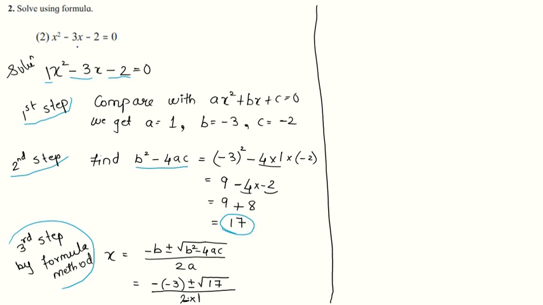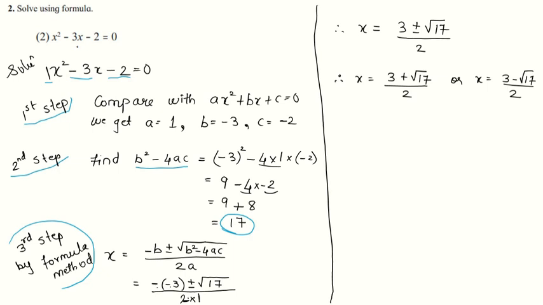So to make it easy, we will solve it on the same page as we have substituted the values. Therefore, on solving it, we get x is equal to, this minus into minus will become plus. Therefore, it will be plus 3 plus or minus square root of 17 upon 2 into a, 2 into 1 is 2. Therefore, we can write it as x is equal to 3 plus square root of 17 upon 2, or x is equal to 3 minus square root of 17 upon 2.